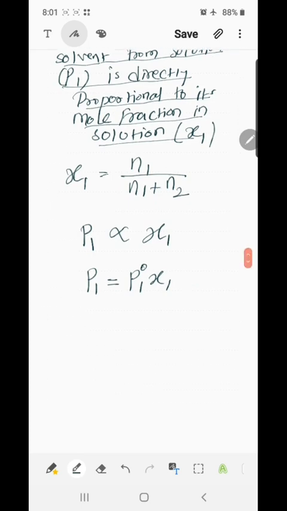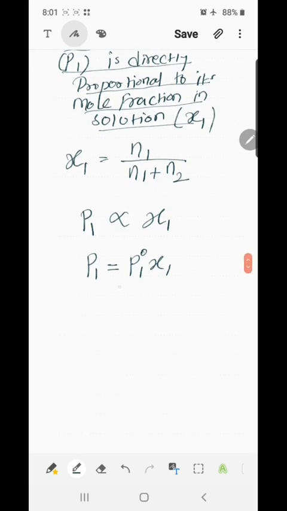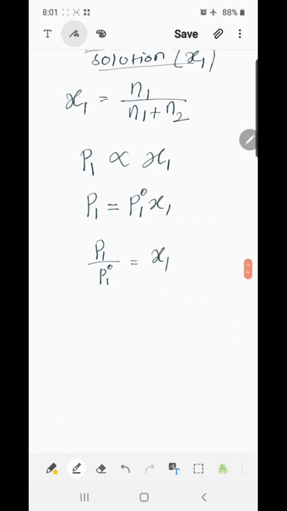So P1 is equal to P01 into x1. Okay, class, if we rearrange this, P1 upon P01 is equal to x1, but class, x1 plus x2 is always equal to 1, because when you add all mole fractions, the total is always equal to 1.